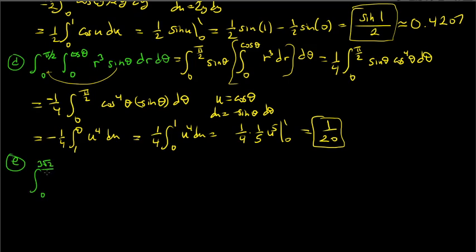So 0 to 3 square root of 2 over 2, and then the integral from 0 to y of the quantity x squared plus y squared to the 3/2. Now, you know that's probably going to become r to the 3. This is begging us to switch to polar coordinates, and I think that is the key here.